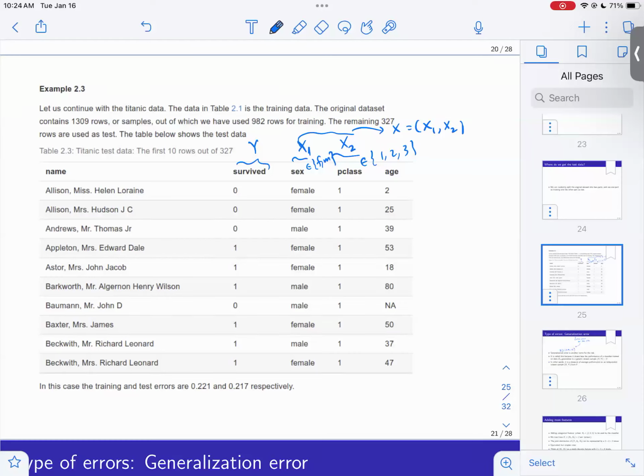The plug-in optimal. Yes. We get the probability of y equal to 0 or 1 given a combination of the x.